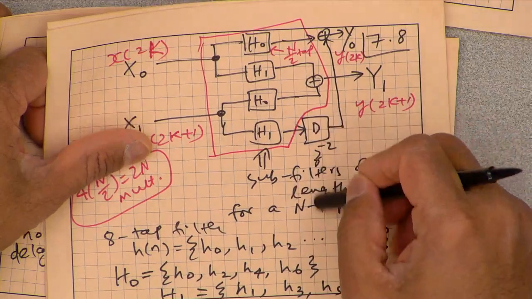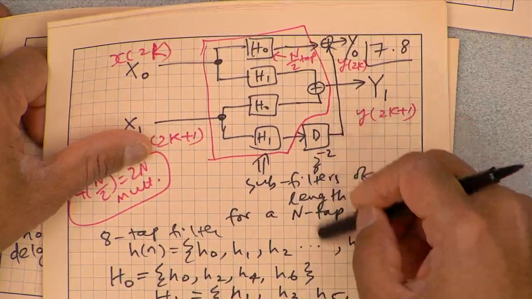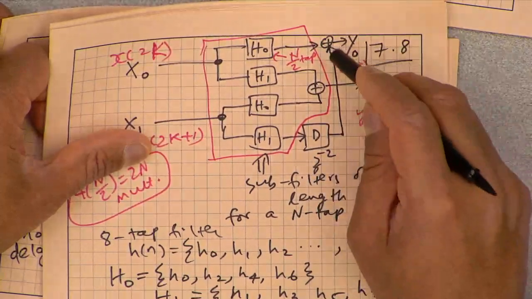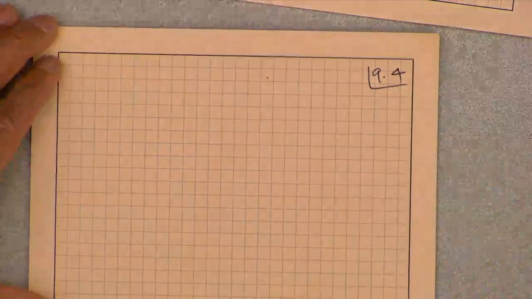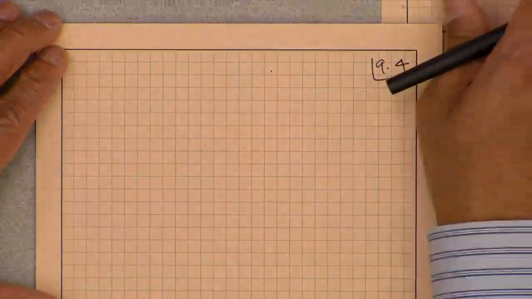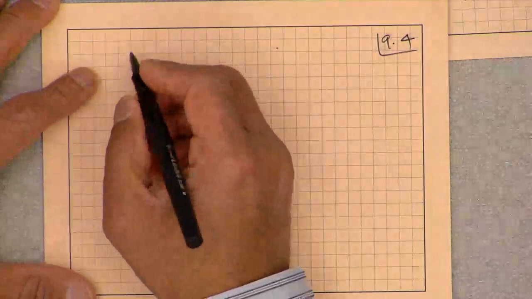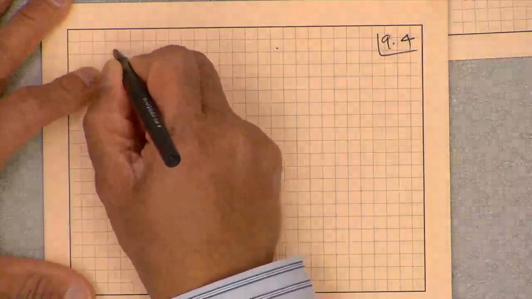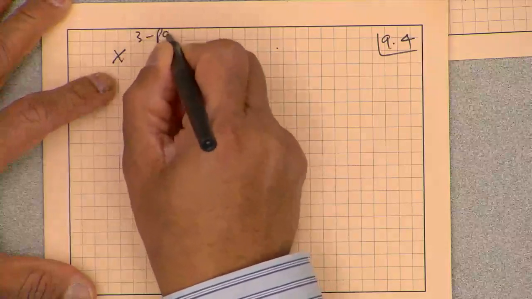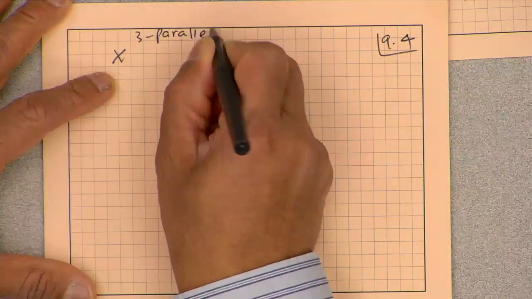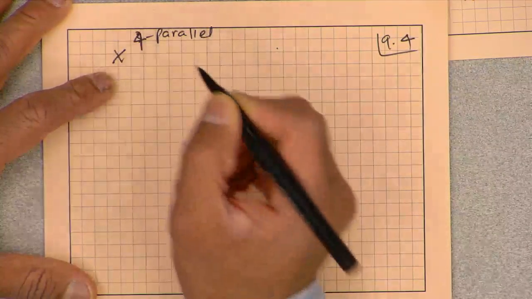Simply take the delayed versions of the last L minus 1 outputs and add them to get the output. So, let me expand on that idea a little bit. Let's take a 3 parallel filter as an example, or even a 4 parallel filter, it does not matter.